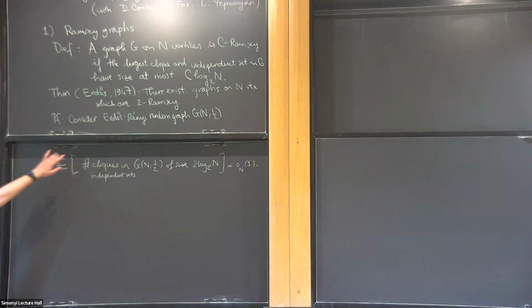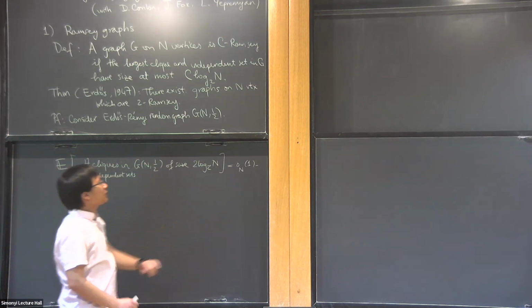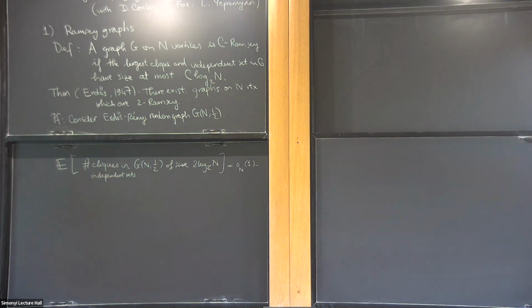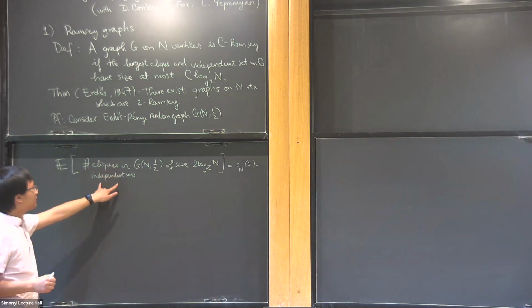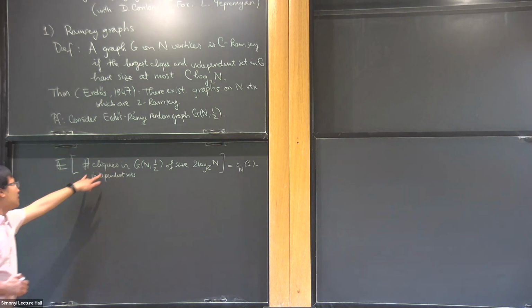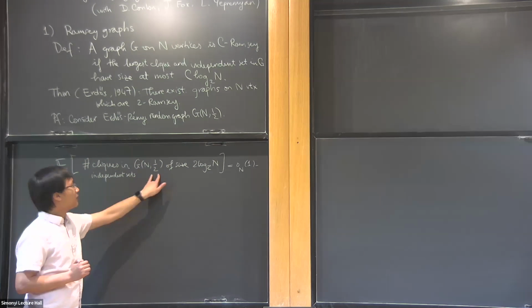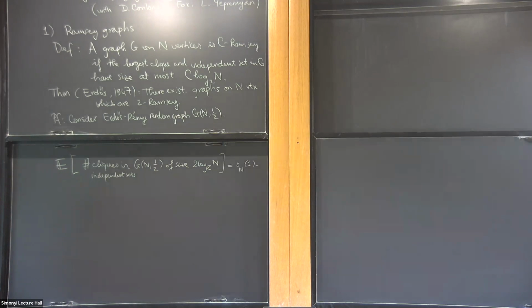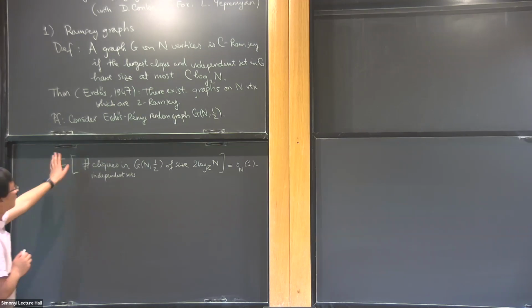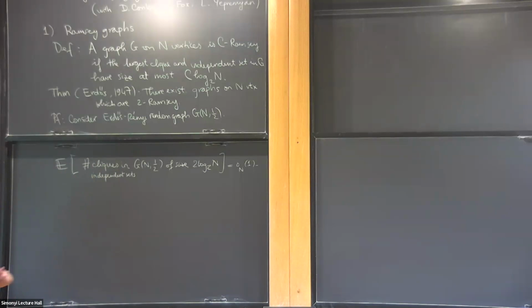Okay, so now for the Erdős–Rényi random graph, we actually understand very well the distribution of the clique number or the independence number. Well, essentially, even if we replace this probability 1/2 by any parameter p. But in today's talk, we're not going to focus on the Erdős–Rényi random graph.